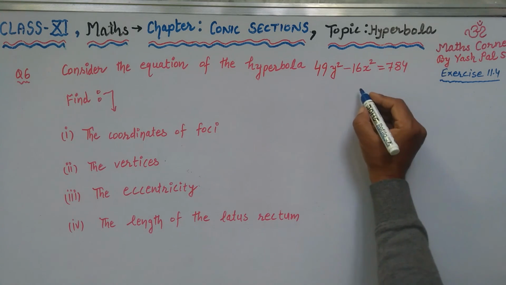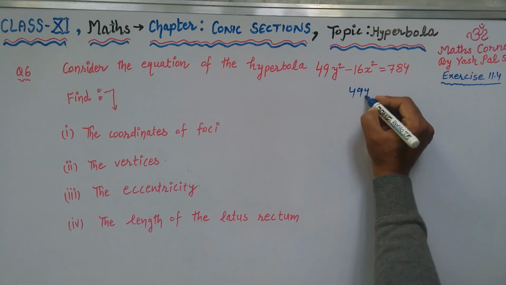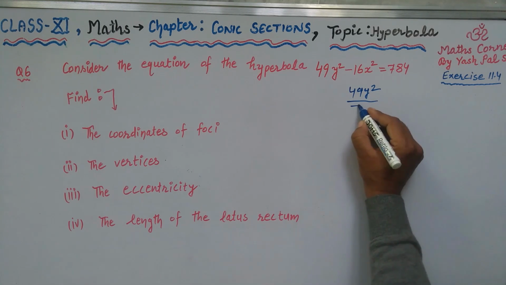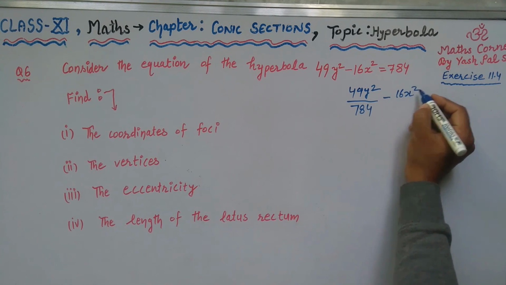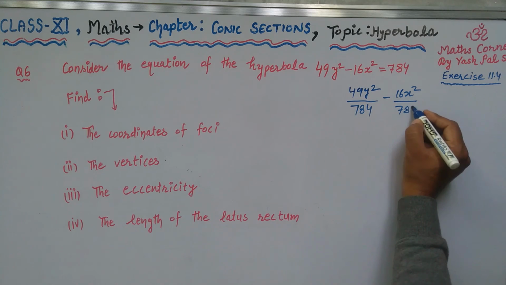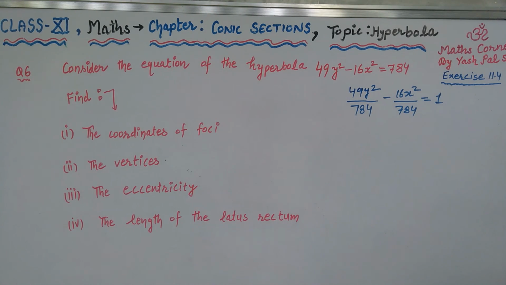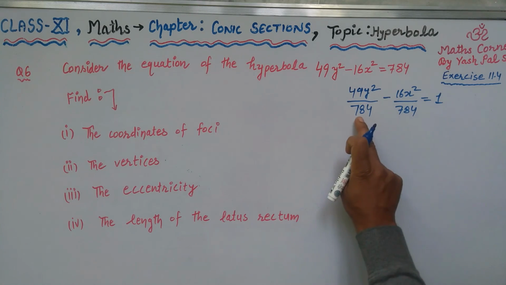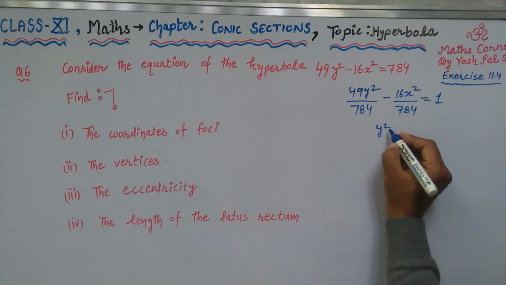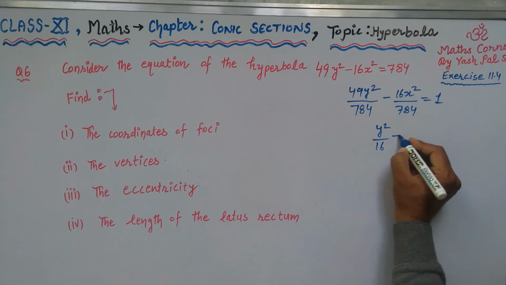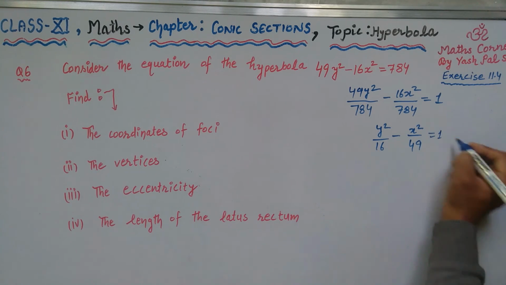So dividing both sides by 784, 49y square upon 784 minus 16x square upon 784 is equal to 1. Since 49 into 16 is 784, this becomes y square upon 16 minus x square upon 49 is equal to 1.